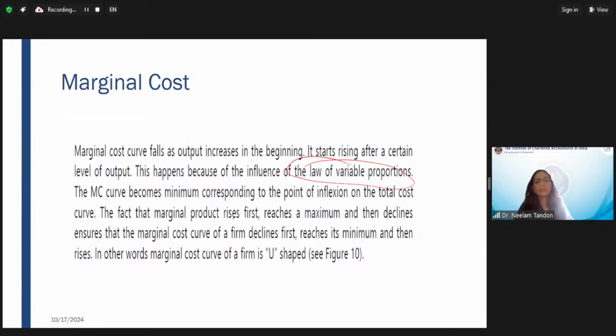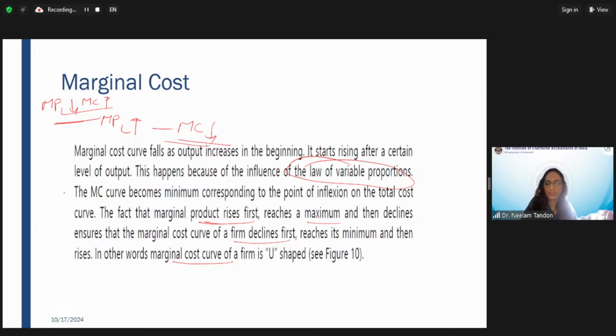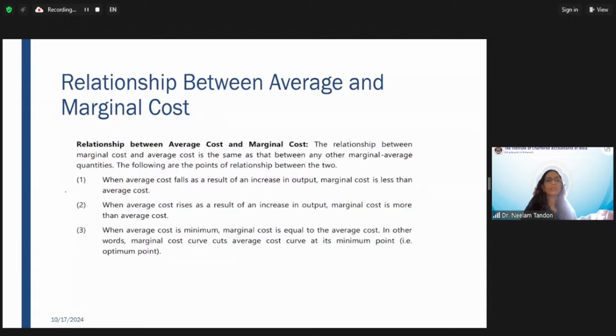When the marginal product of labor increases, marginal cost will decrease. And when the marginal product of labor starts decreasing, marginal cost starts increasing. So this is the U shape of the marginal cost curve.